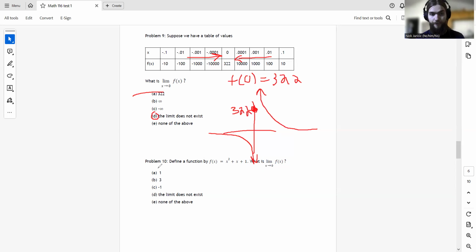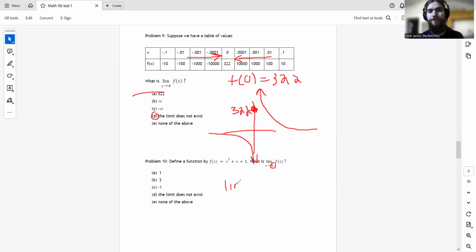Define the function here, this is problem 10 now, by x squared plus x plus 1. We are asked, what is the limit as x approaches 0 of f of x? One thing we can always try is straight up plugging it in. When we have a continuous function, the limit at a point is the same as the value of the function at that point.